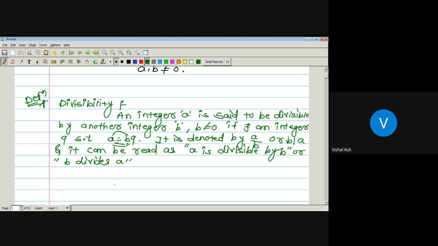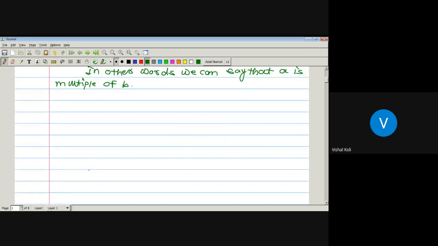In other words, we can say that a is a multiple of an integer b. For example, does 13 divide 39?